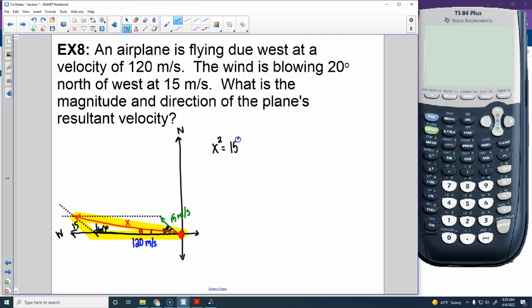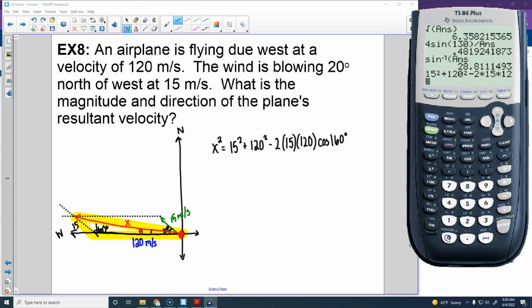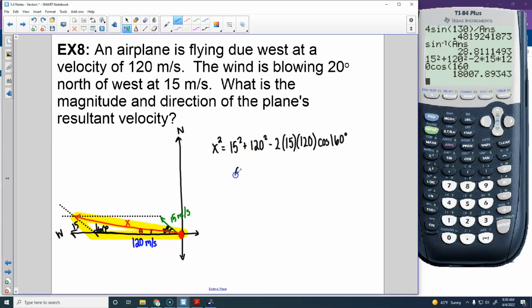So we'll do 15 squared plus 120 squared minus 2 times 15 times 120 times cosine of 160. And that is going to give us 18,000-ish here.